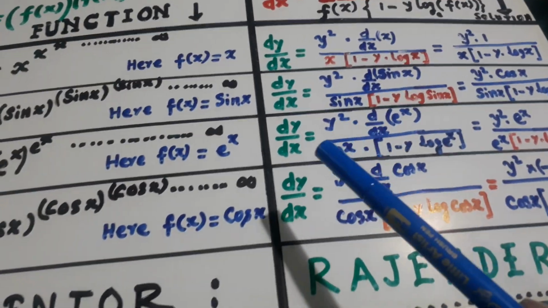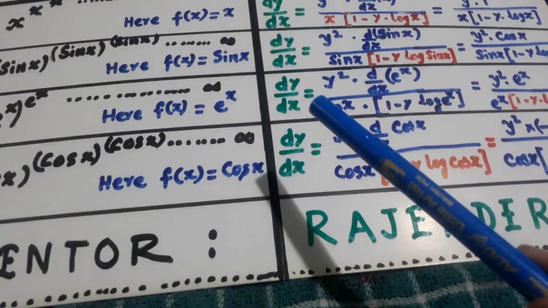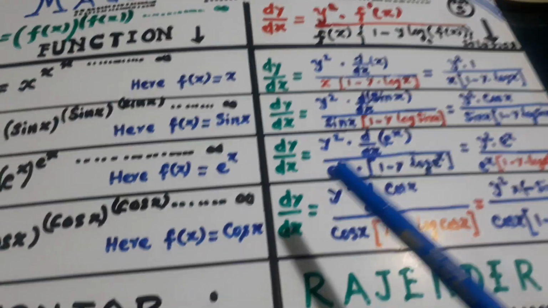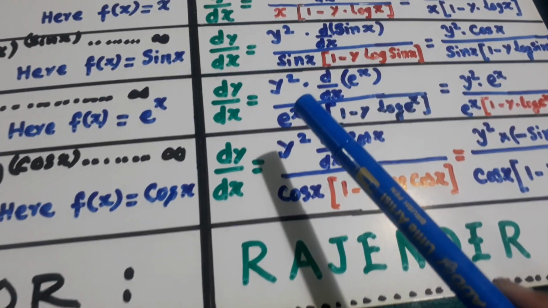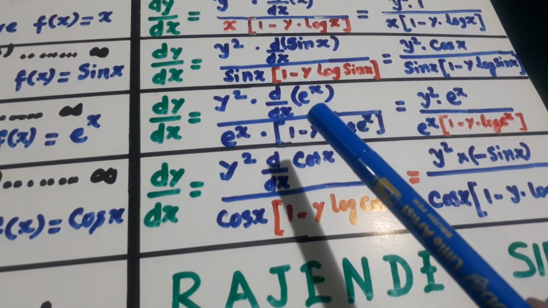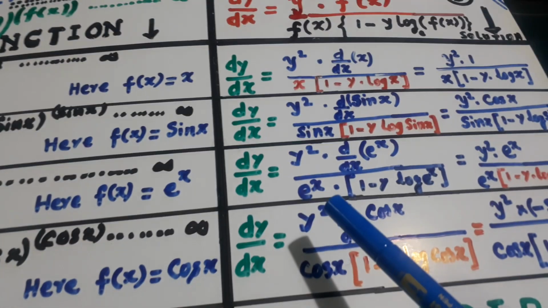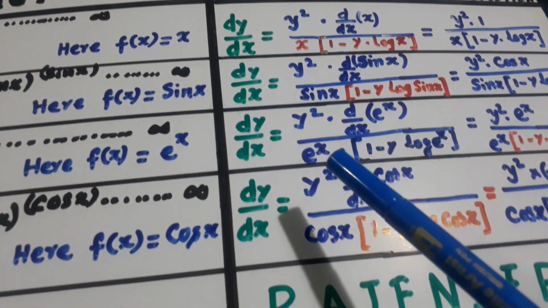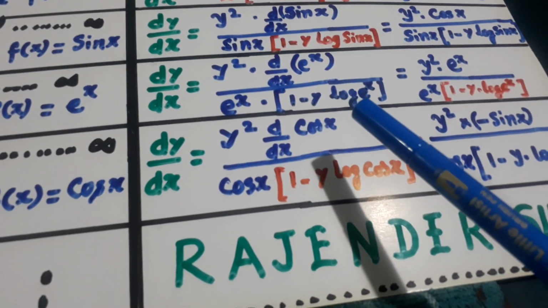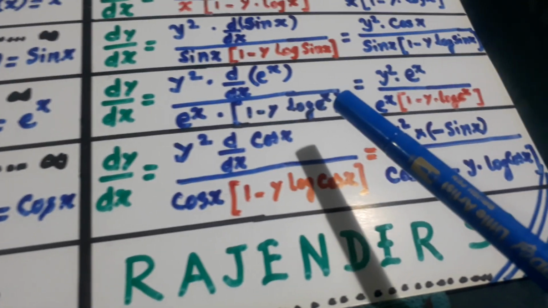This is the trick. Answer dy by dx will be equal to y square, d/dx of e raised to power x, over f(x), e raised to power x, 1 minus y log f(x).